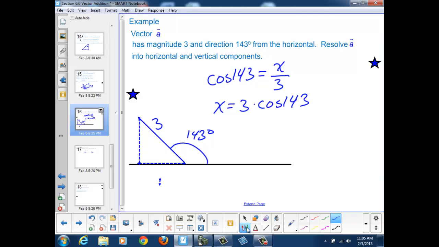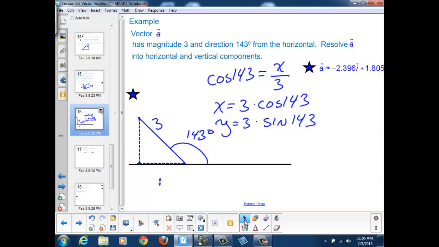And if we use the same logic, our vertical ends up being 3 times the sine of 143. Doing the math, we find out that our horizontal component is negative 2.396 steps in the horizontal direction. We can think of that i as a single step, and 1.805 steps in the vertical direction.